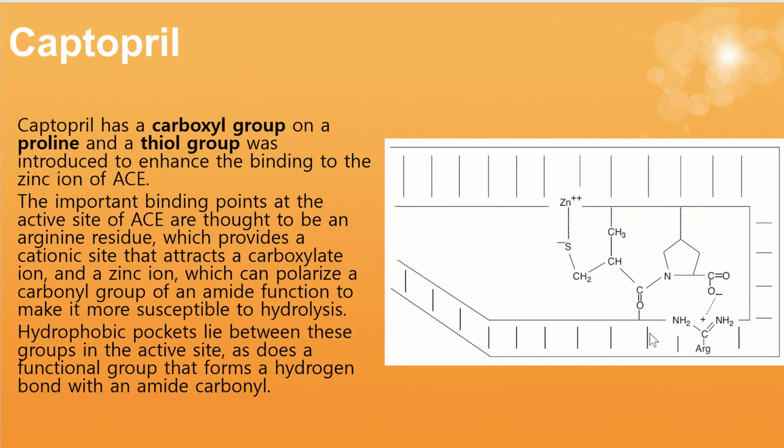So even though we're not seeing it, there must be some hydrogen bonding between our amide carbonyl here and our active site. So guys, this is an oversimplified diagram of our active site. You must understand that it's much more complex than this, but we're just showing what they think are the important binding points of Captopril.